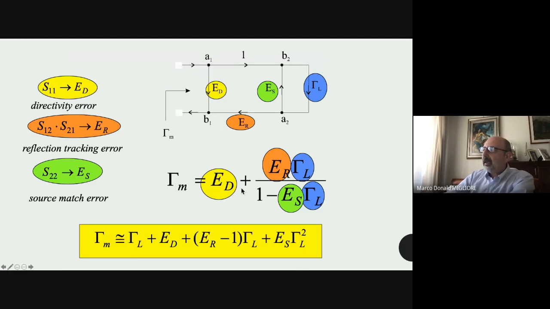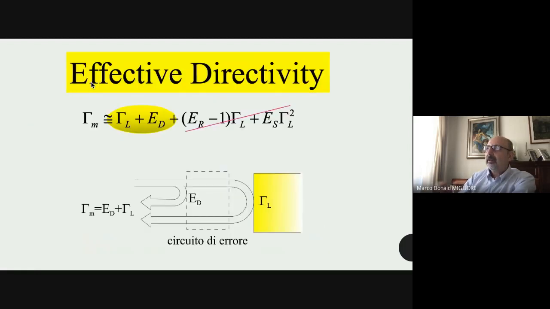Each of these terms is really interesting for analyzing the error that I have at the end of the measurement. I cannot enter into the details of all these terms. I want just to spend a few words on this term, E_D, the effective directivity.